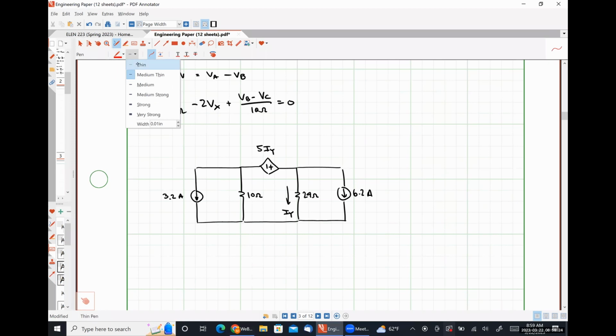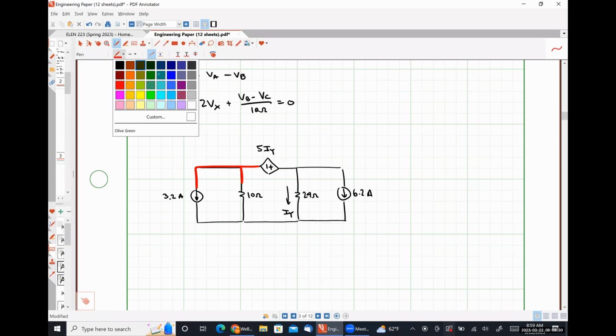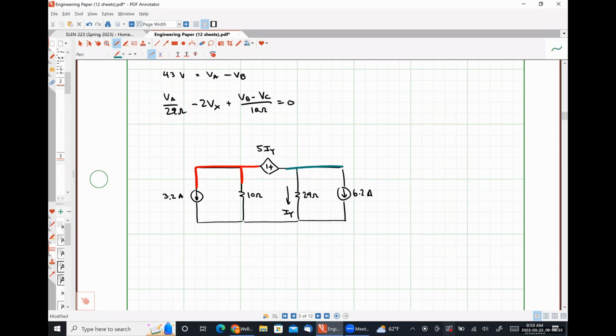Identify my nodes. Which one do you want to be ground? The blue, the one at the bottom, okay. So let's call this VA.